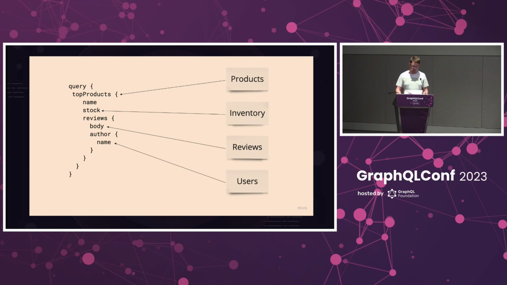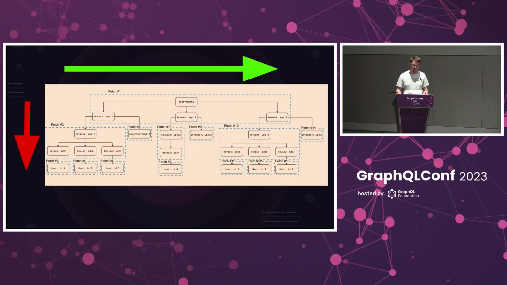So that's what Dataloader does. And we used Dataloader in our pre-Cosmo version of our router. We used that heavily. And at some point we realized that it's actually not a good approach to use Dataloader, and there's a better way, and that's what I want to talk about today.